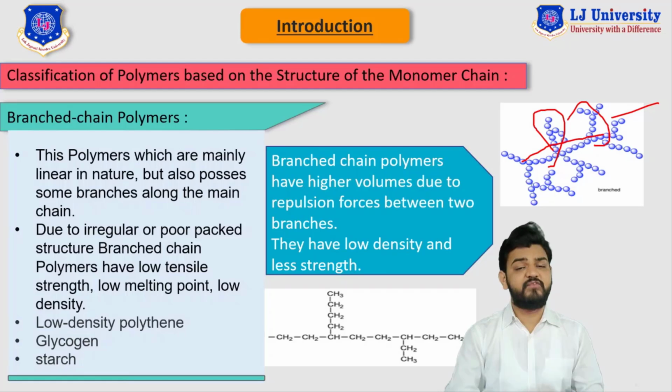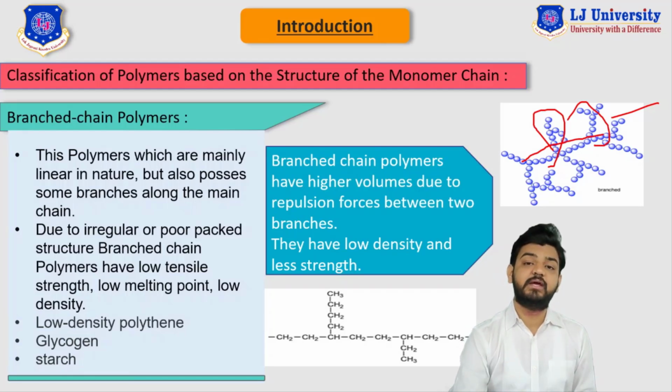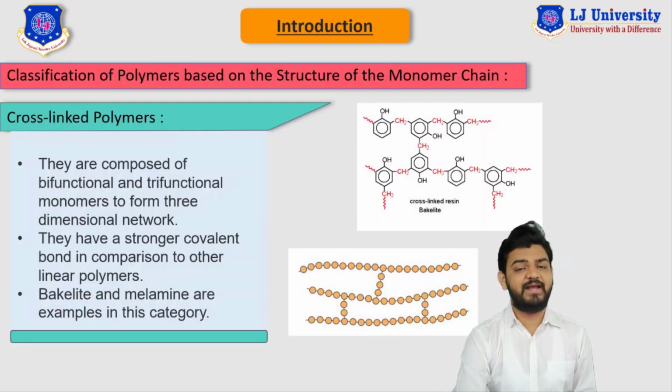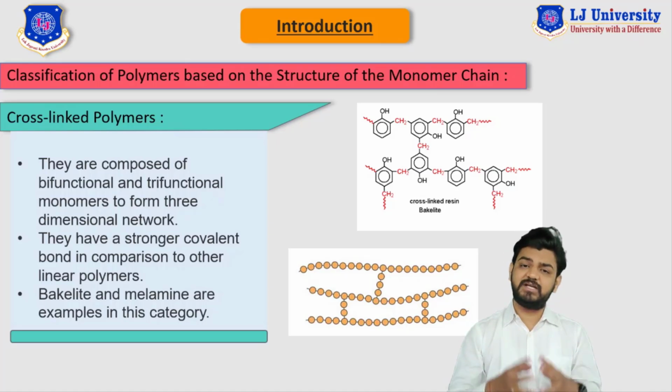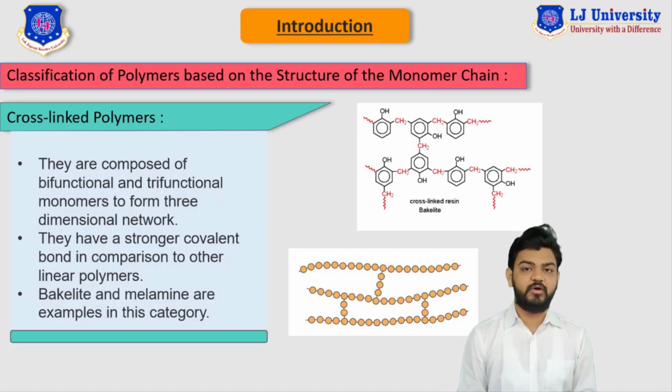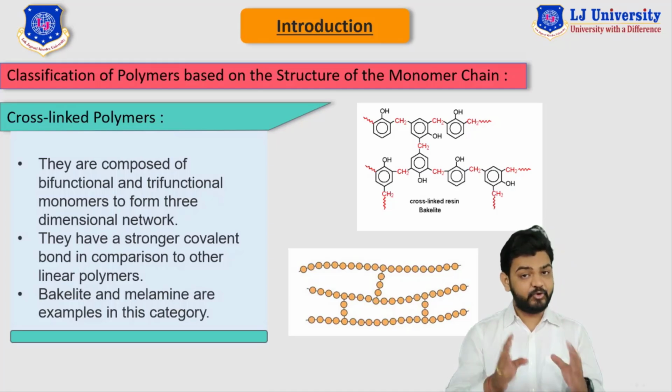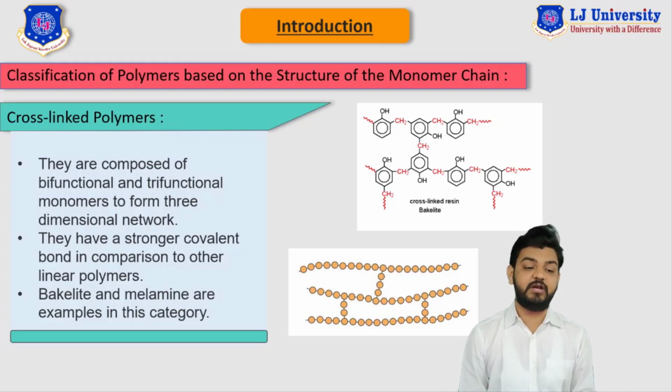Now let's continue this classification to the cross-linked polymers. As the name suggests, these polymers are cross-linked with their backbone. They are composed of bifunctional and trifunctional monomers, and only these bifunctional and trifunctional monomers can form the cross-linked network of this polymer, a three-dimensional network of complex structure.